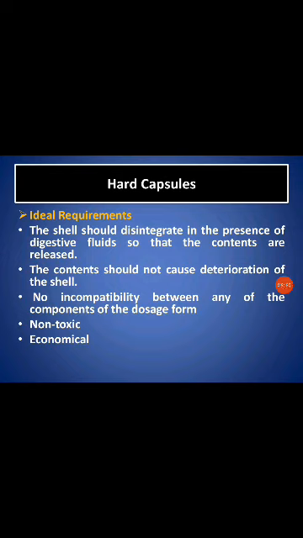Then these are some ideal requirements. You can see they are economical, usually non-toxic, there is no incompatibility between different components, and the contents should not cause any deterioration to the gelatin shell itself.